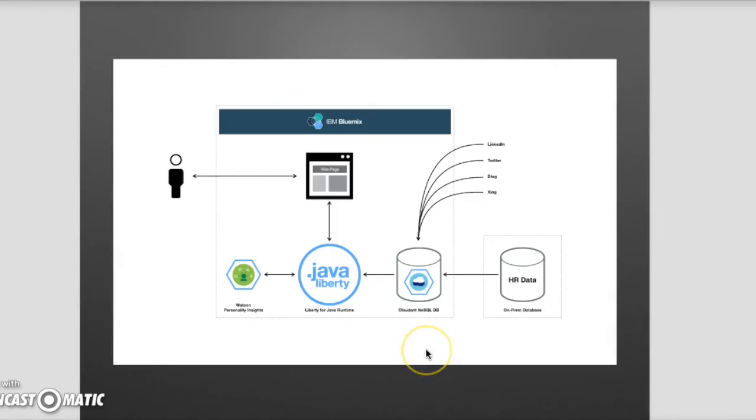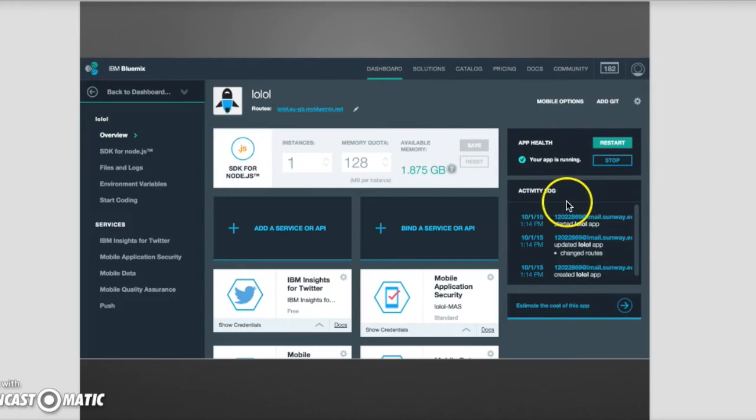Next, I'm going to show you how the user creates a web page using IBM Bluemix. The user codes the application using Java, and IBM provides some services, which are the Watson Personality Insights and a cloud NoSQL database, and it collaborates these services for you. This is the dashboard of IBM Bluemix.